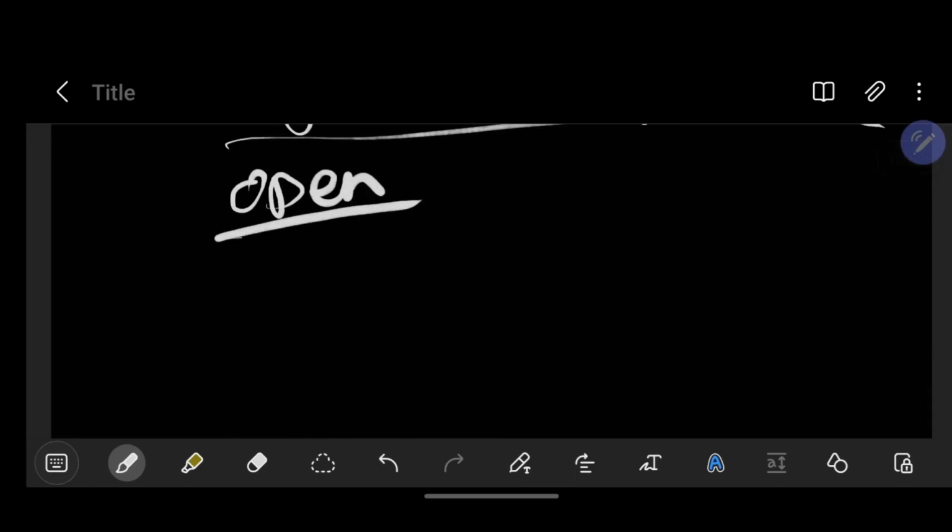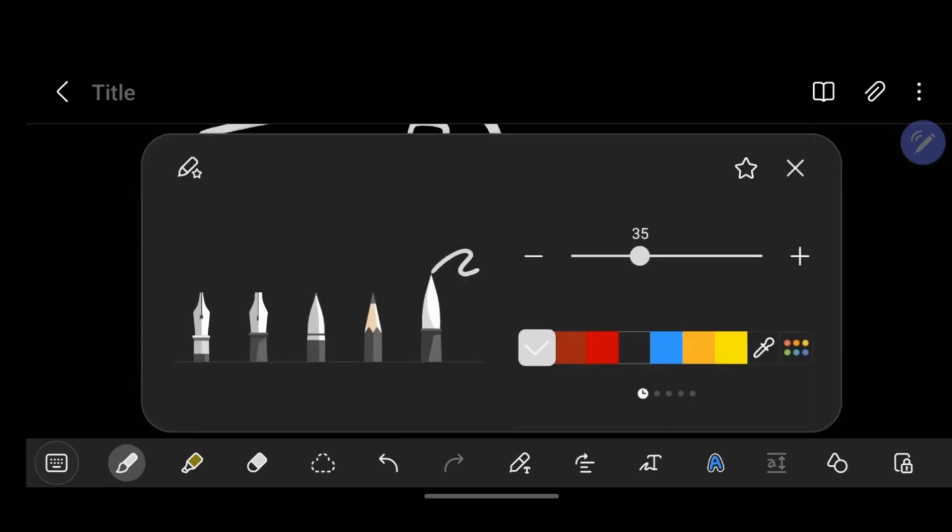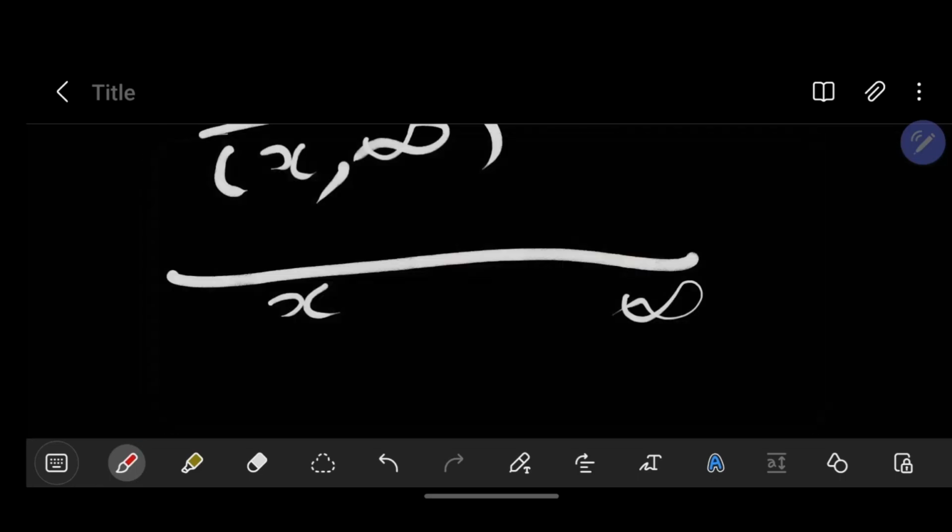We have our open type, and open is basically represented as, let's say, x in round brackets and infinity in round brackets, so both round brackets. Showing this on the number line, we will have x and infinity, and we would then have an open circle at x going all the way to infinity.